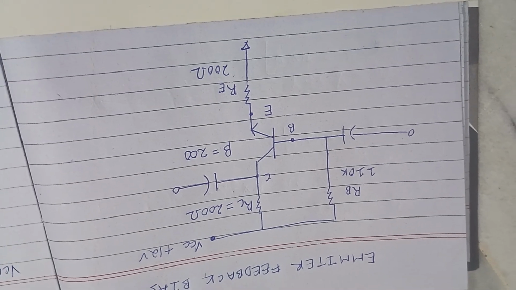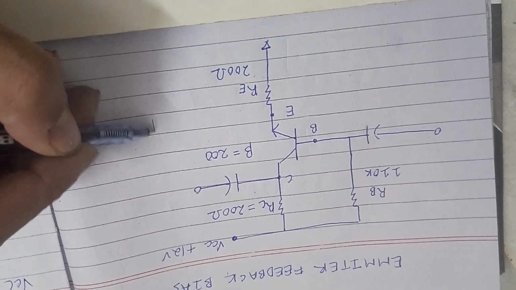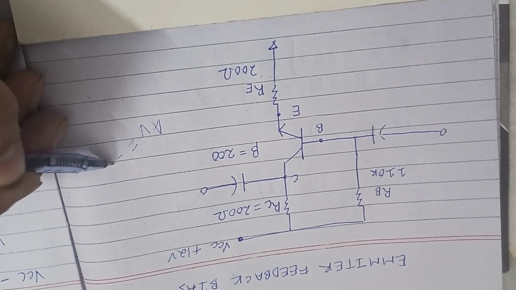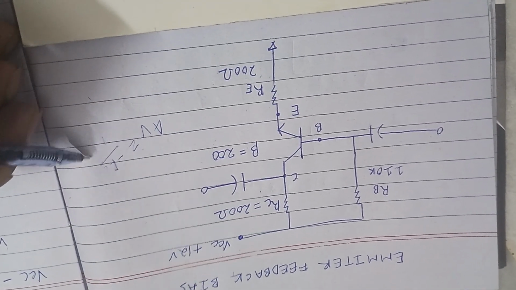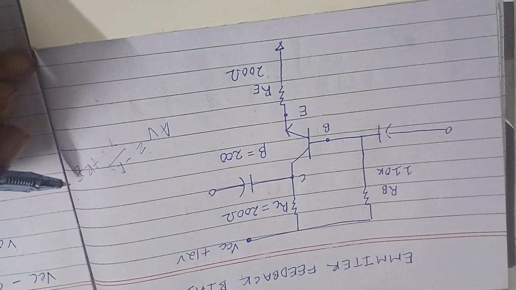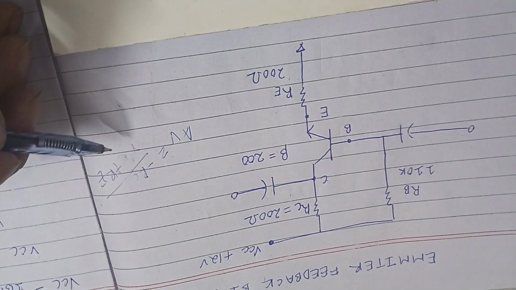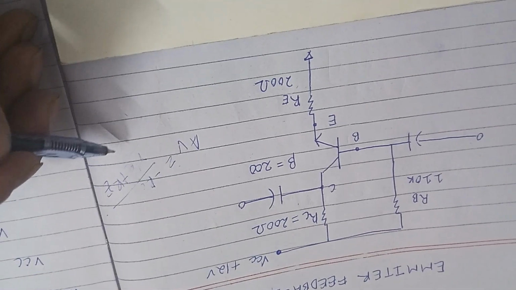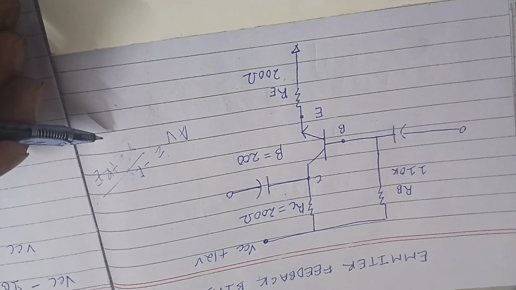So the gain formula is what? It is AV equals negative RC over r'e plus RE. What happens is r'e basically depends upon the temperature.